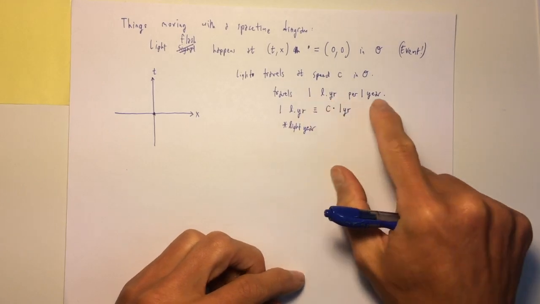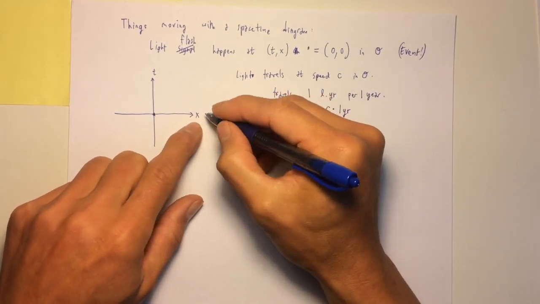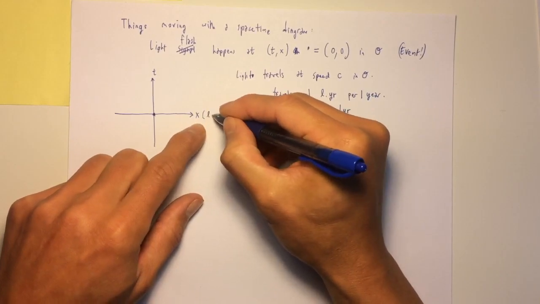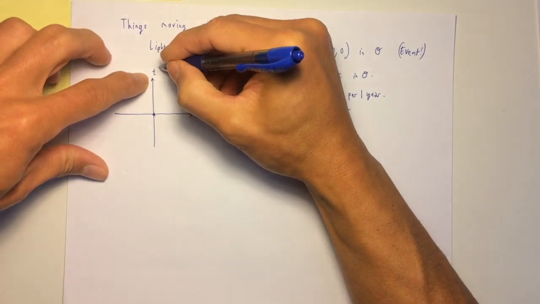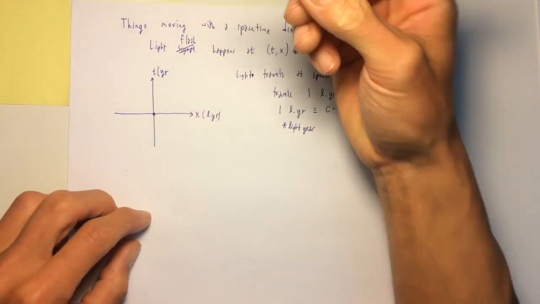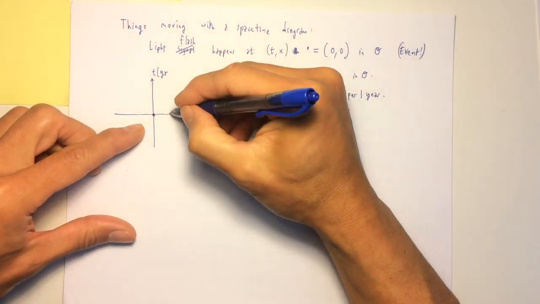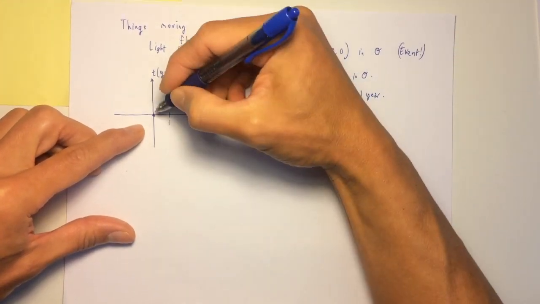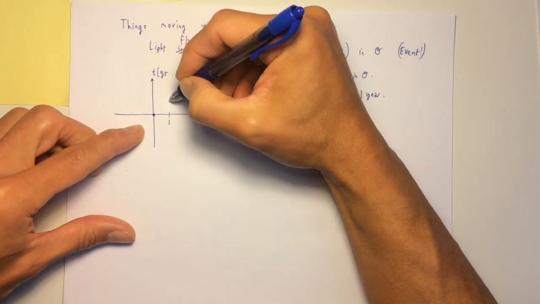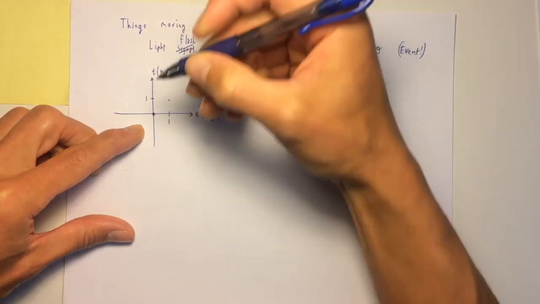So 1 light year per year, and if I think of the x-axis in units of light years and the time axis in units of years, then traveling at 1 light year per year makes it so the light, by the time it gets to 1 light year, took 1 year to do that.